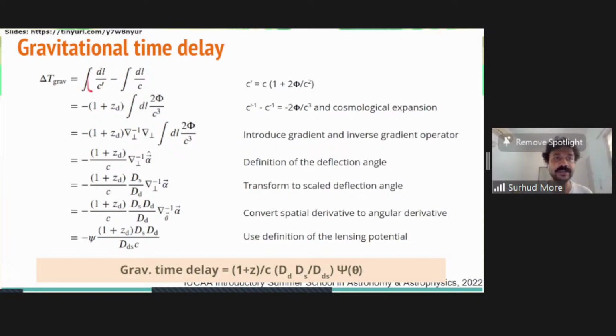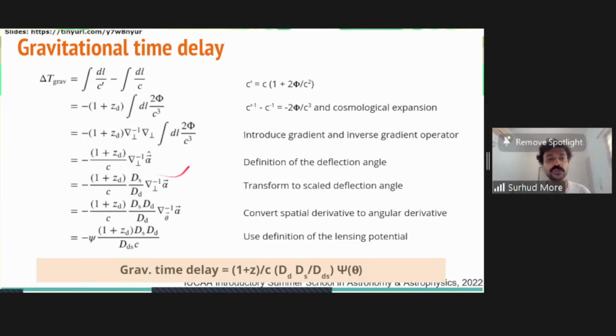So dl by c prime is the time taken to travel a small length element dl. The time taken to travel if the speed was c is dl by c. If you subtract it, you get another component for the extra time taken by light rays, given by the right-hand side of this equation.